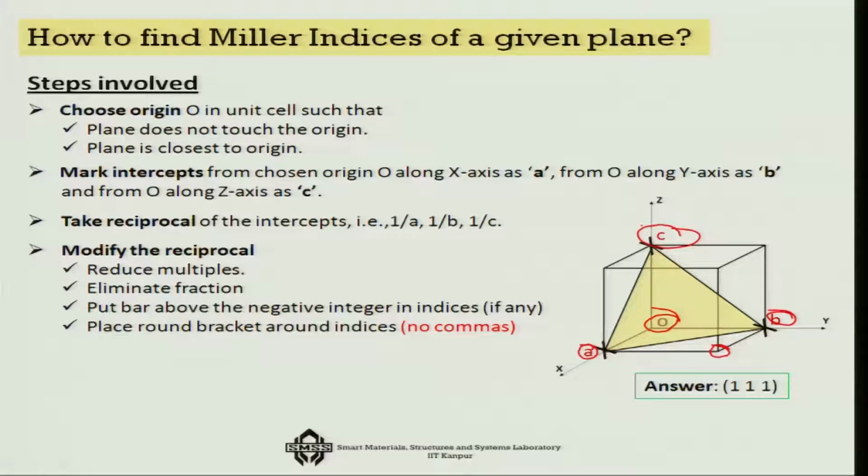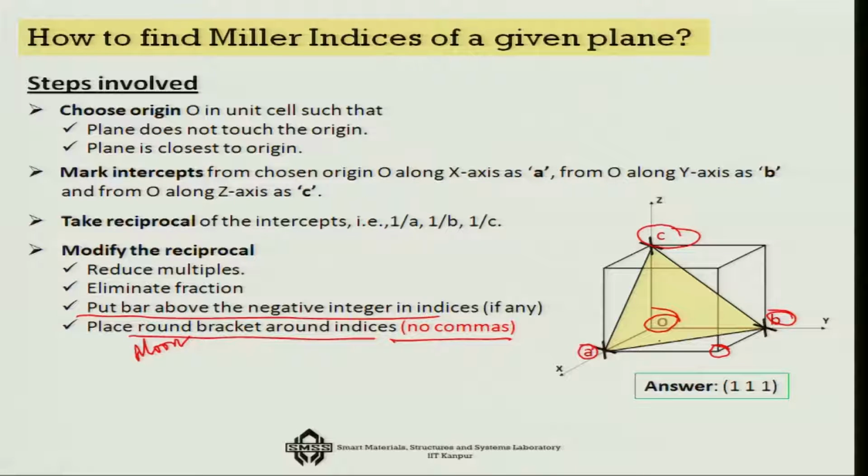And if there is any negative integer, in this case it is all positive, but if there is, then put a bar above the negative integer in the indices. And finally, since you are indicating a plane, you place the round bracket around the indices without any commas, because if you put a comma, it will become a point.